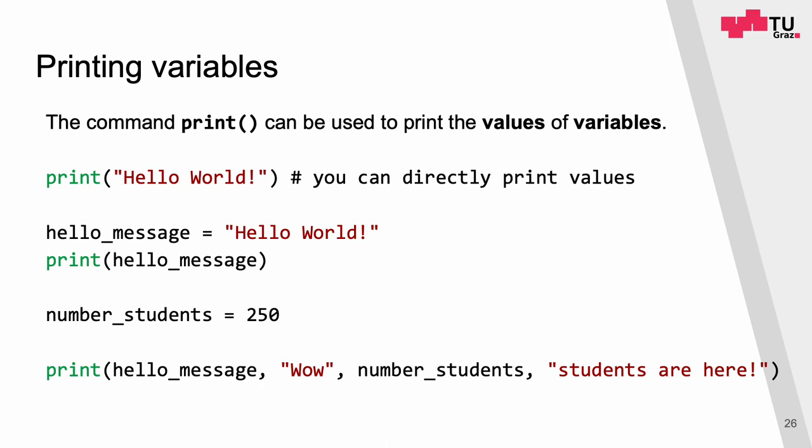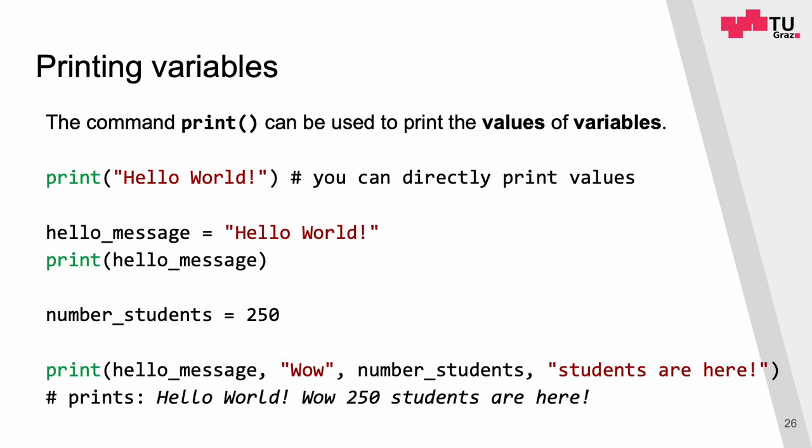And if we execute this print command with the series of variables and values, it will print out a string which states hello world, wow, 250 students are here. And as you can see here, between the variables and the values, automatically a white space was inserted.